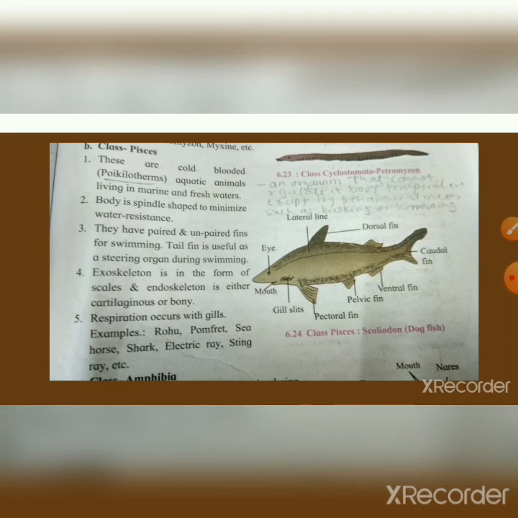They have paired and unpaired fins for swimming. Tail fin is used as a steering organ during swimming. Exoskeleton is in the form of scales and endoskeleton is either cartilaginous or bony. Respiration occurs with gills. Example, rohu, pomfret, seahorse, shark, electric ray, stingray, etc.